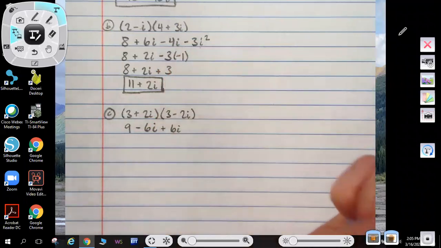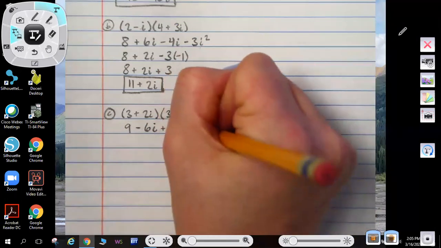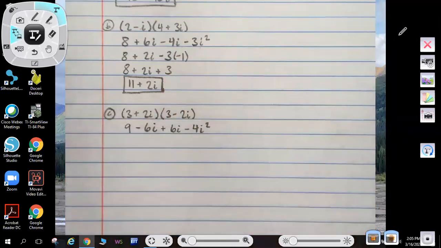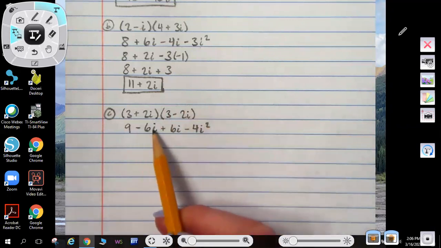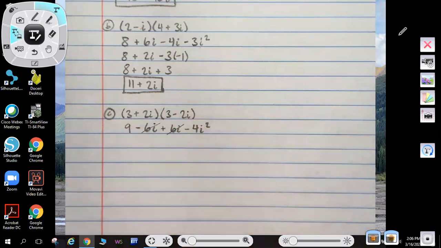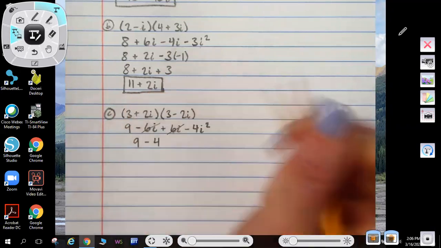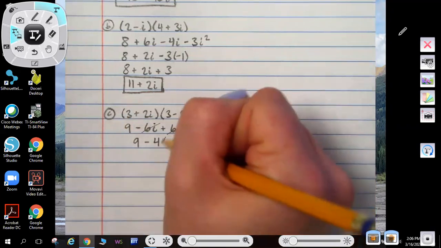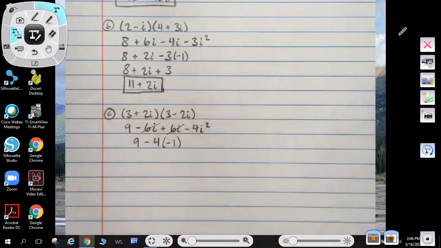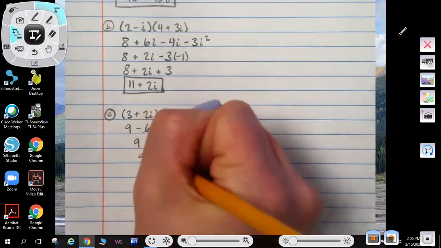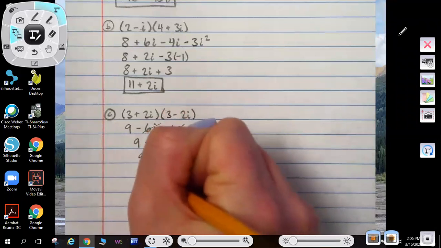And 2i times negative 2i is negative 4i squared. So combine like terms, negative 6i plus 6i, those are going to cancel out. We're left with 9 minus 4. Replace i squared with negative 1. So we have 9 minus 4 times negative 1, which is the same as 9 plus 4, which is 13.